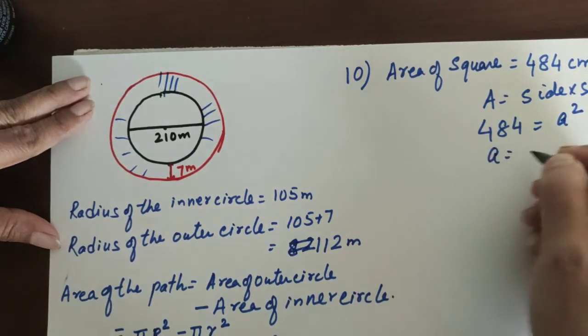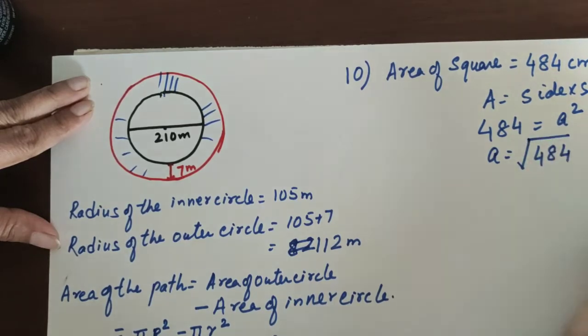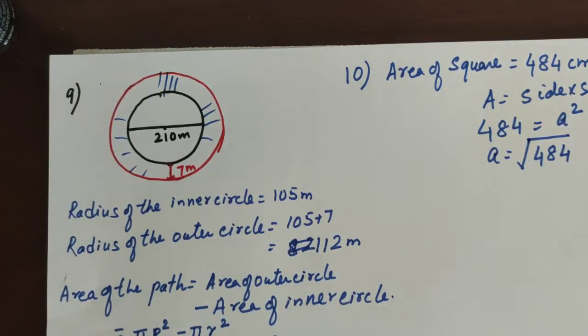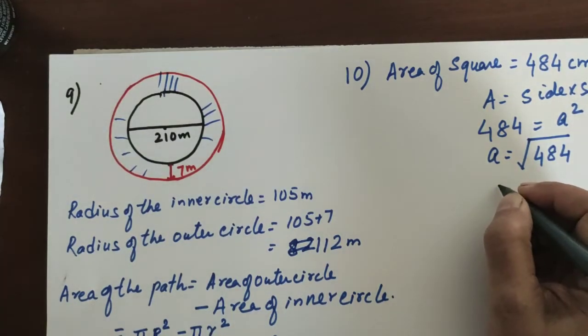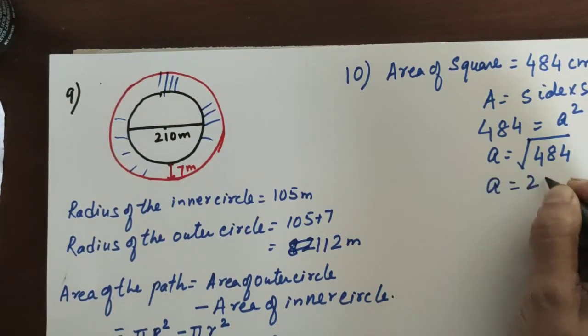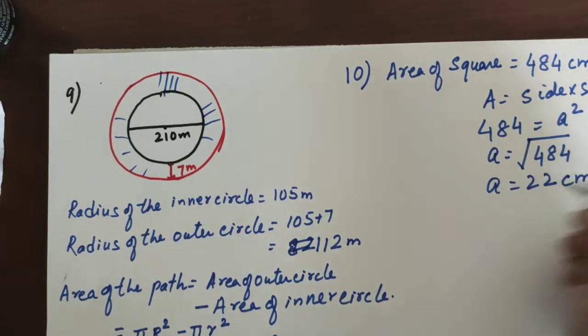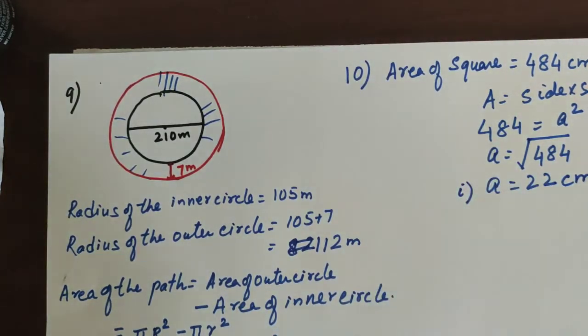So A is equal to under root of 484. The square root of 484 should be 22. So the side is equal to 22 centimeter. This is the first part.